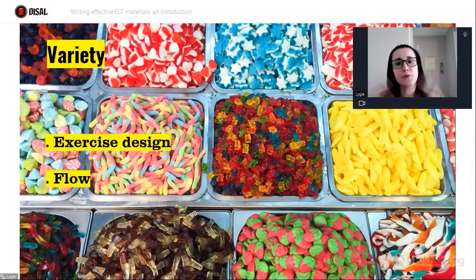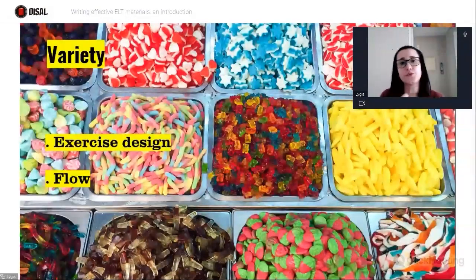When we're preparing our materials, we need to think about how they will work in the classroom. So when will students be looking down at their books, at their materials, and when will students be looking up, looking around the classroom, looking at their classmates?